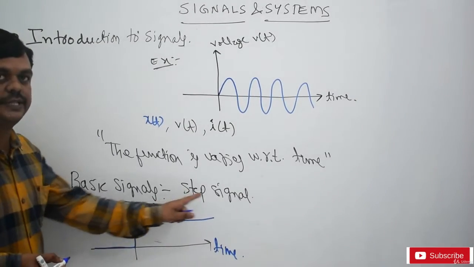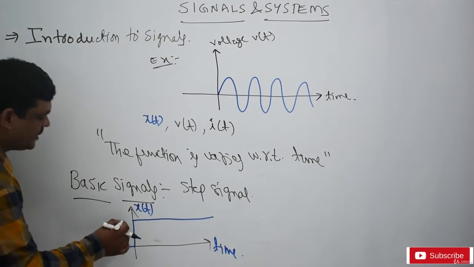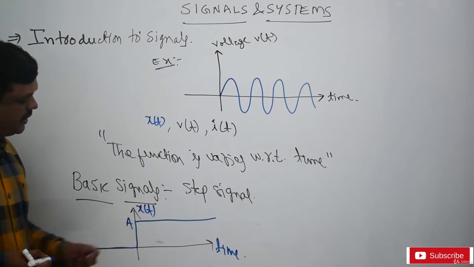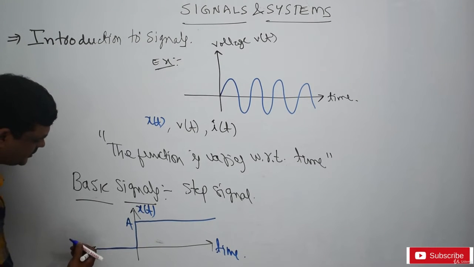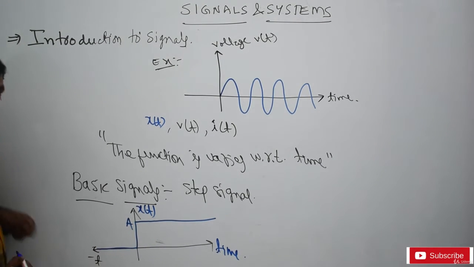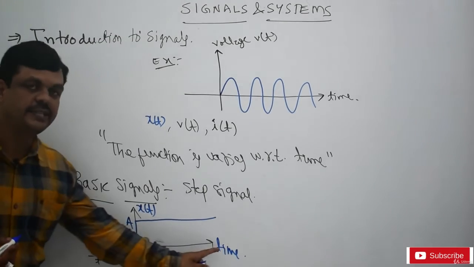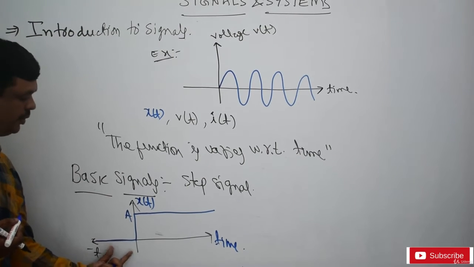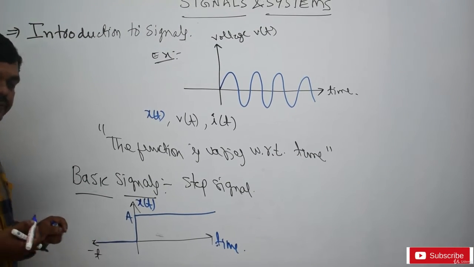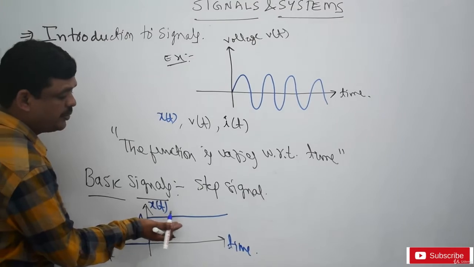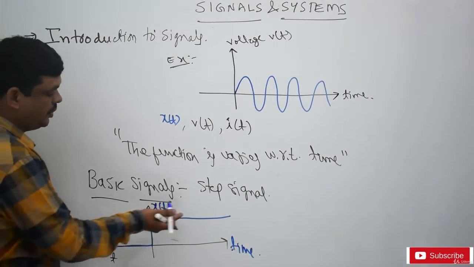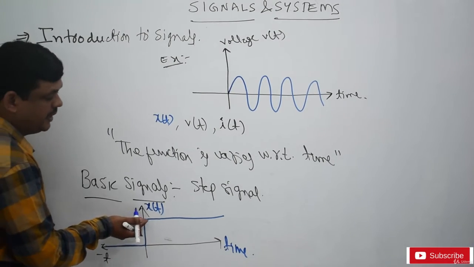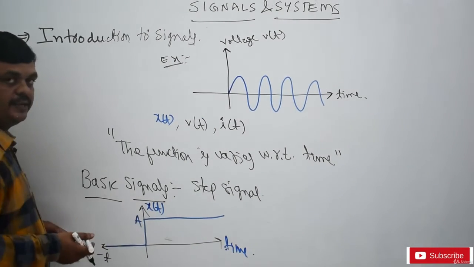So the name of the signal is here step signal, and this constant value is A. See, in this graphical representation, this side explains the negative time axis, and this explains the positive time axis. If time is negative, the amplitude is 0. If time is positive, the amplitude is constant. So this function is changing like this, initially 0 and suddenly increases and stays constant. So this signal is step signal.